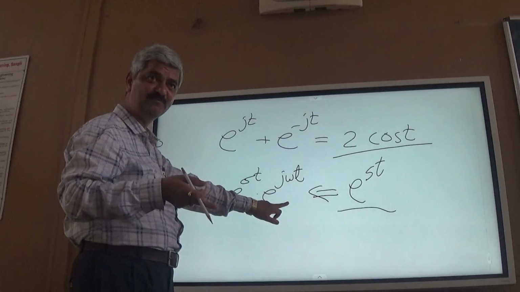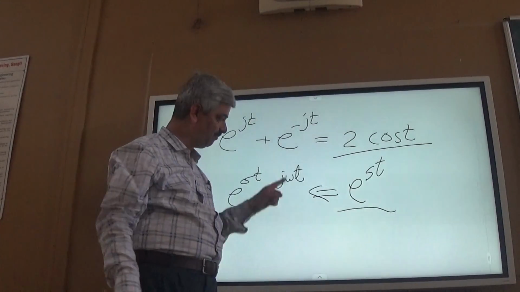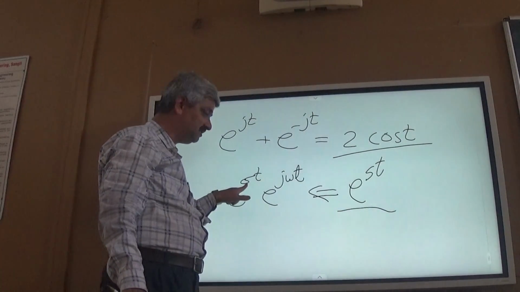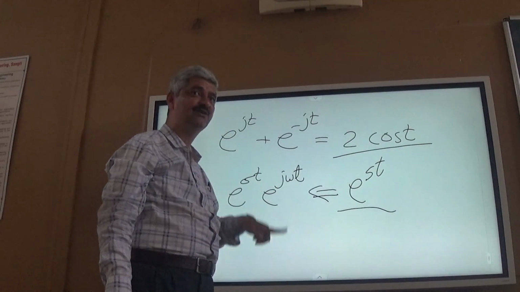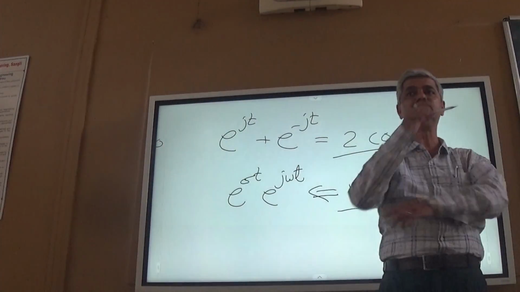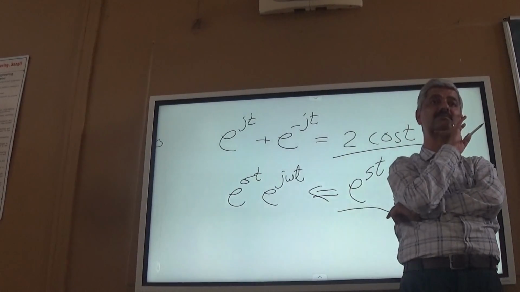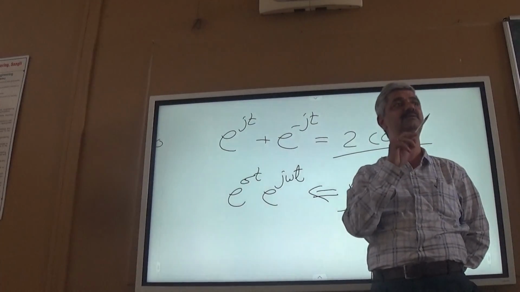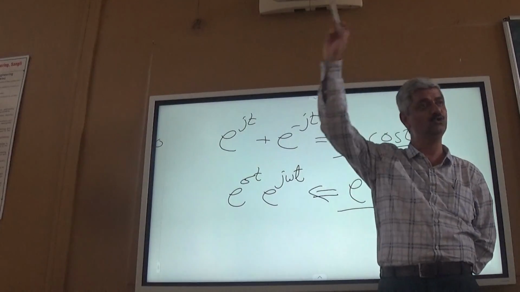If omega is positive, it is an anti-clockwise rotating phasor point. If omega is negative, it is clockwise rotating. If sigma is positive and omega is positive, what will happen? When sigma is 0, this is 1, so it was a point rotating on the unit circle.